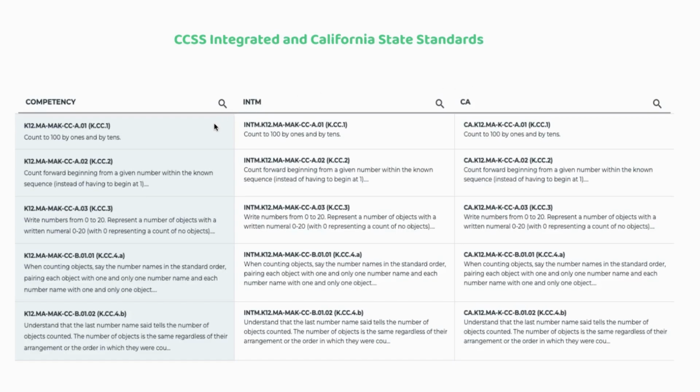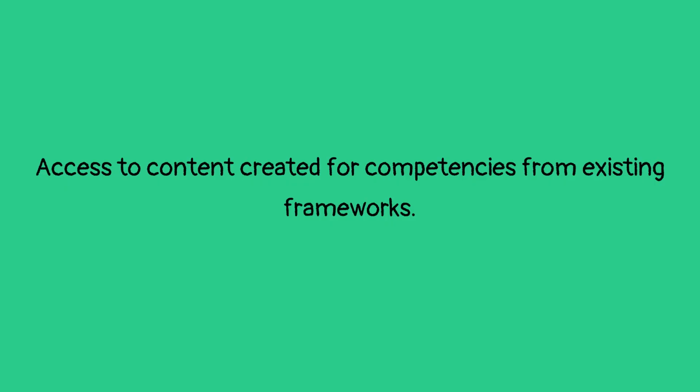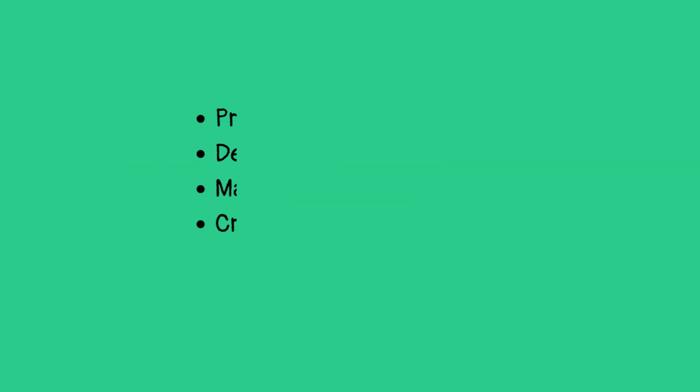Similarly, in this example, we can see that competencies from the CCSS integrated framework and the California State Standards framework have been crosswalked to the existing competency frameworks. One of the advantages of a crosswalk is that content creators can get access to content that has been created for competencies from the existing frameworks.